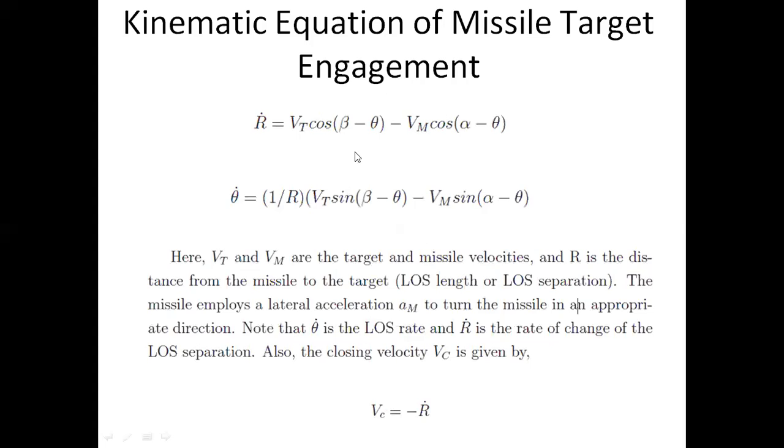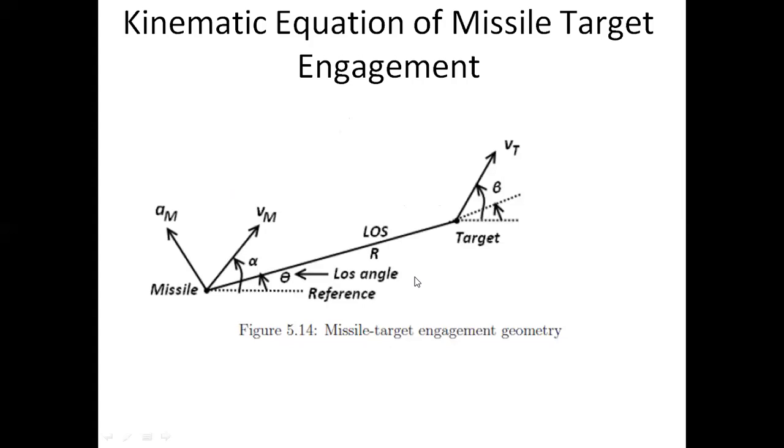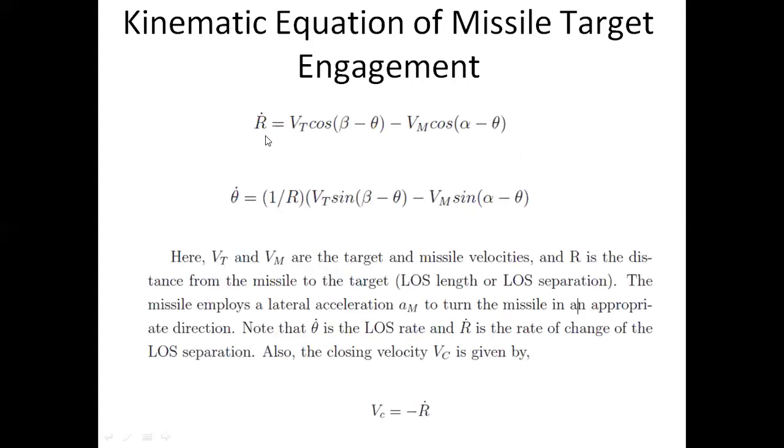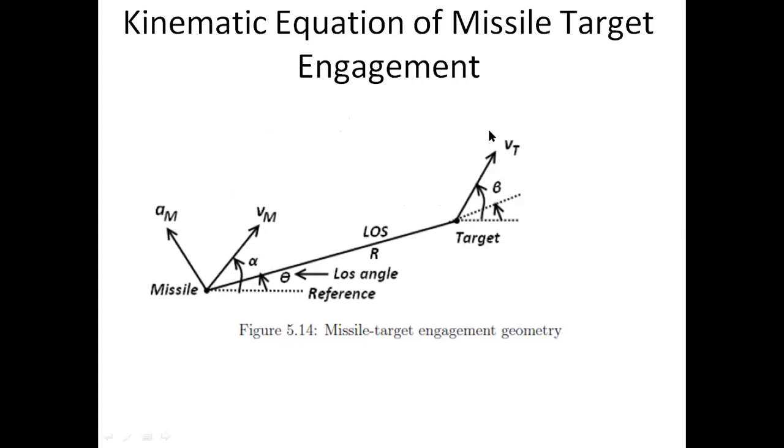Using this geometry, we can find out the rate of change of LOS is equal to Vt cos(beta minus theta) minus Vm cos(alpha minus theta). The rate of change of LOS is nothing but the closing velocity, right? The LOS is decreasing means your target is coming near to the missile, so it will be termed as the negative of closing velocity here.